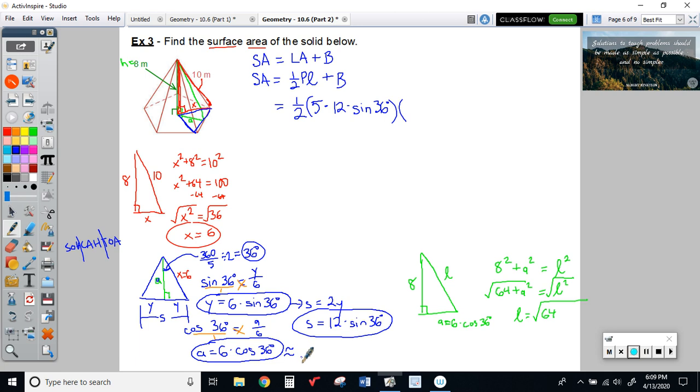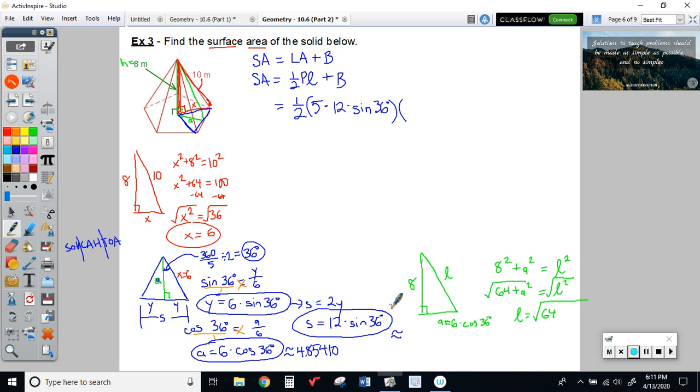I'm going to show you at this point, I did do some calculator approximations for all these things. I have these to 4 decimal places. Let me get it to 5 decimal places here. And so A, 6 times the cosine of 36, is approximately 4.85410. The side length, being what you see there, 12 times the sine of 36.